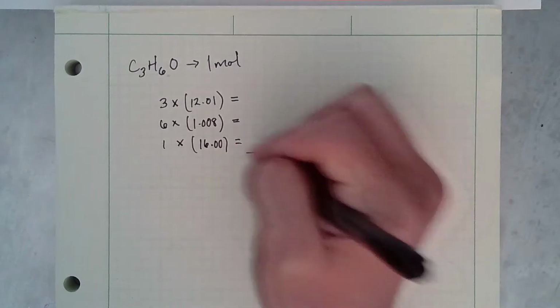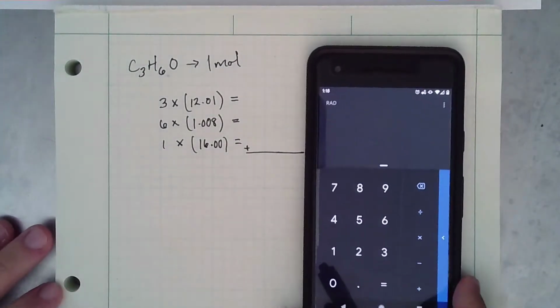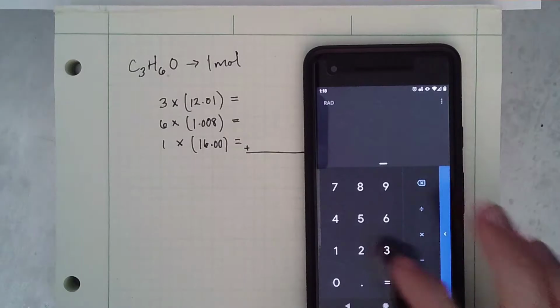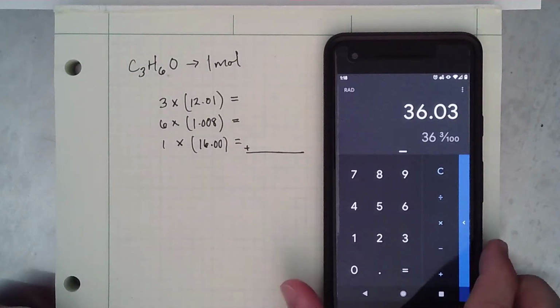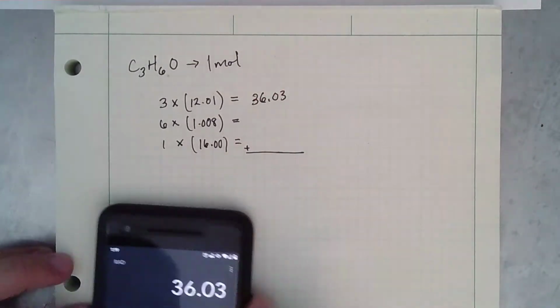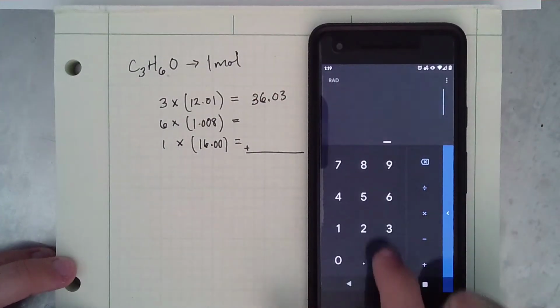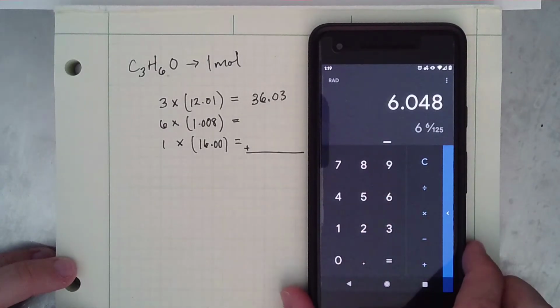Figure out what those are, add them together, and that's going to be my molar mass for acetone as a whole. So, get my calculator up here for you guys. 3 times 12.01 is 36.03. 6 times 1.008 is 6.048.